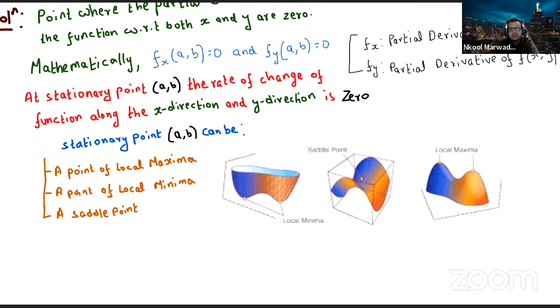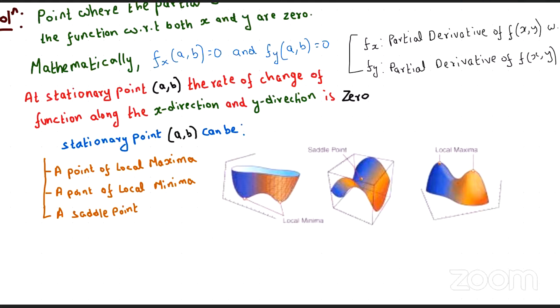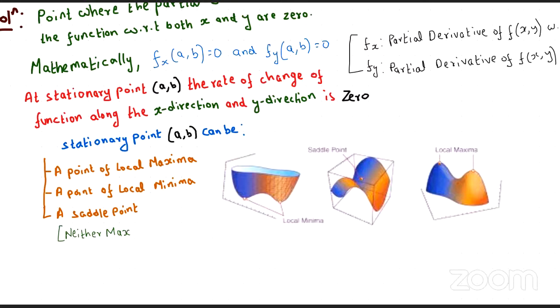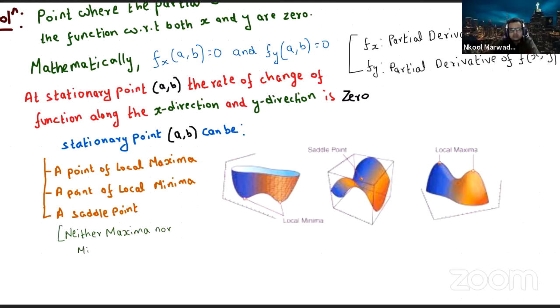So at a saddle point, neither maxima nor minima exist. Isn't it? Yes, sir. At a saddle point, neither maxima nor minima exist.